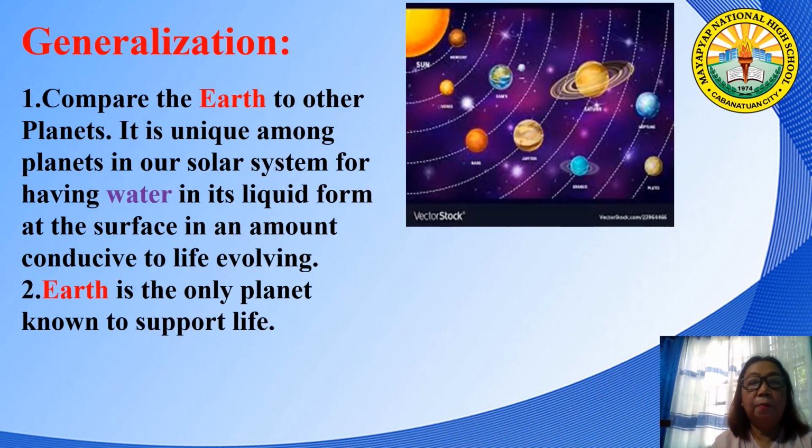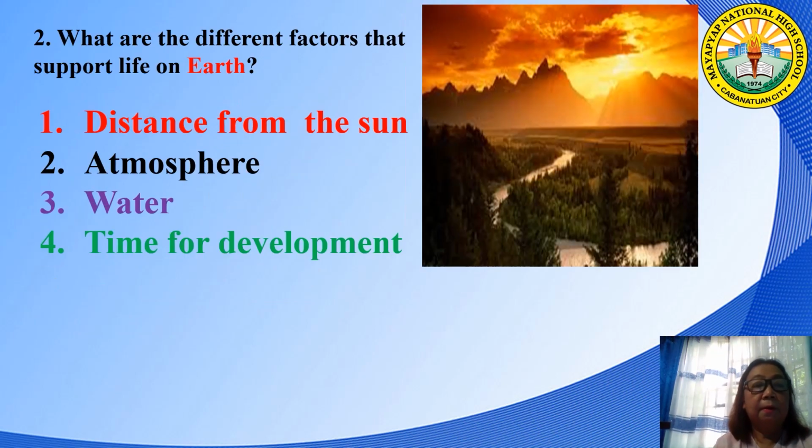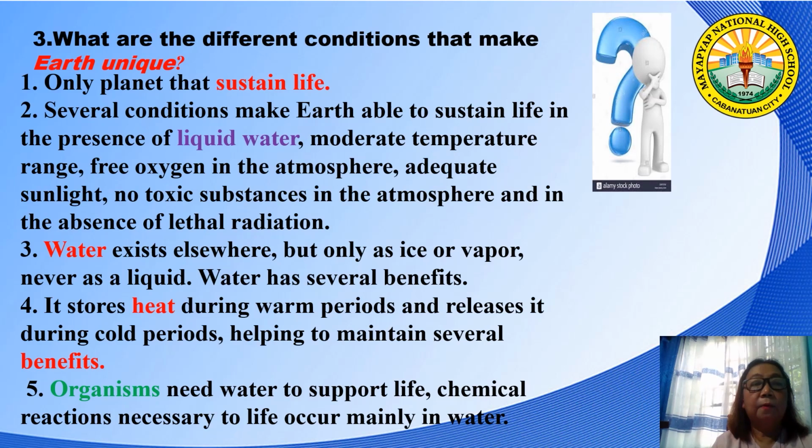For our generalization, you can now compare the Earth to other planets, because of the uniqueness of the Earth, with liquid water, to support life. What are the different factors that support life? Given this, one is the distance from the Sun, the atmosphere, the water, and the time for development. What are the different conditions that make Earth unique?